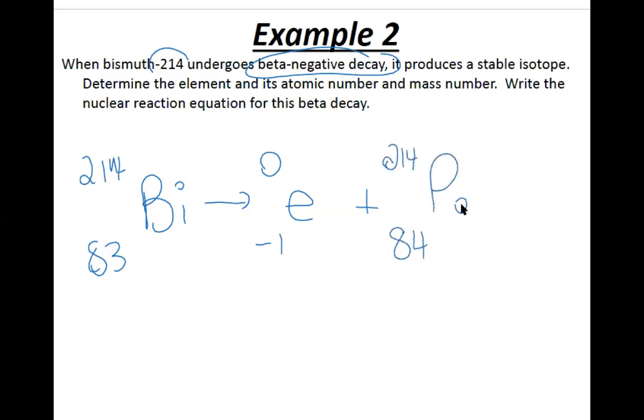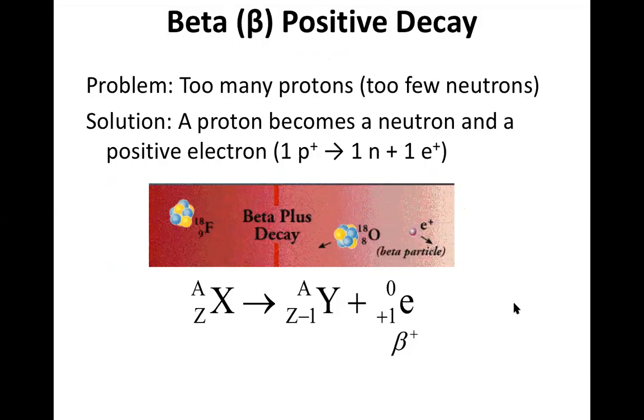And then what does it produce? Well, this type of decay involves taking a neutron away and turning it into a proton plus an electron. So the mass number doesn't change, because you lose a neutron, but you gain a proton. So take a look at the math and make sure it makes sense with the general forms.